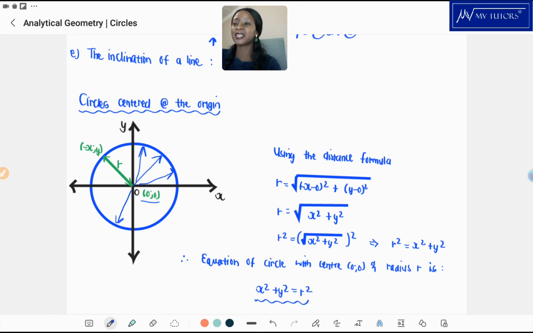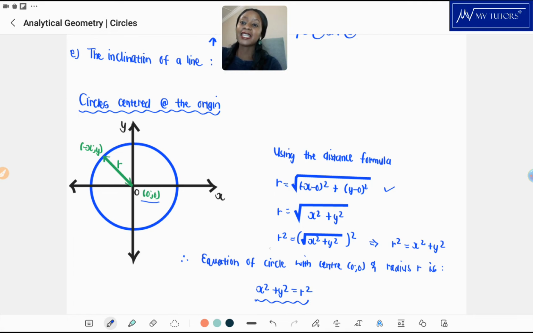Now when you use the distance formula, you have your point at the center and a point somewhere on the circumference. You get the difference between the x coordinates as well as the y coordinates, then you square them, and the sum of them you square root.